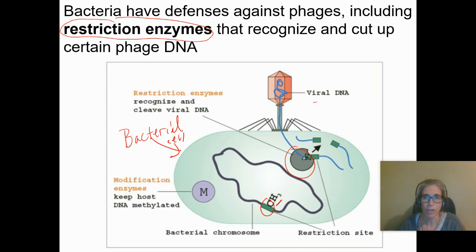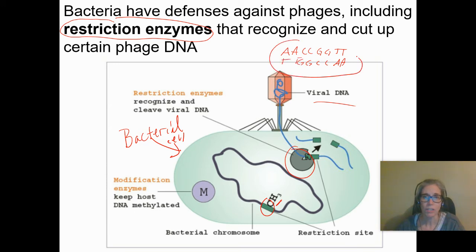And so if this viral DNA has a particular code, like maybe the restriction site goes AA, CC, GG, TT, in which case the other side would be AA, CC, GG, TT.